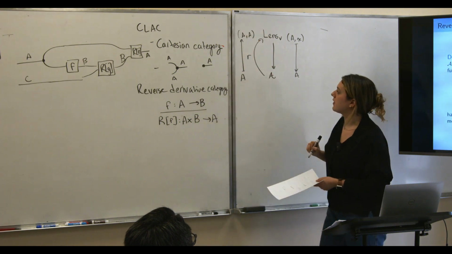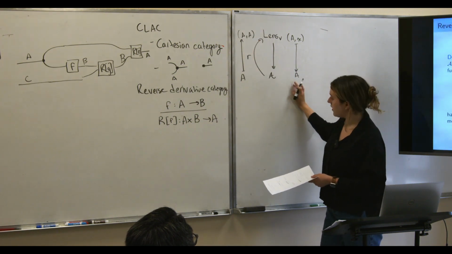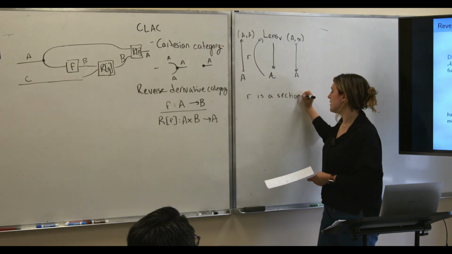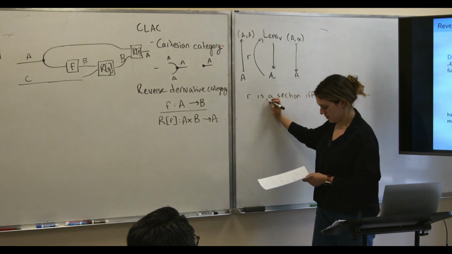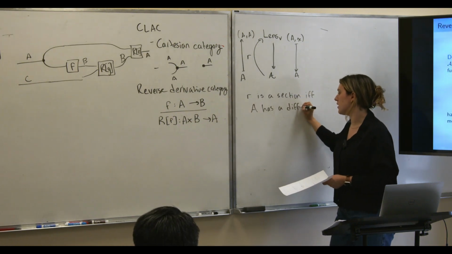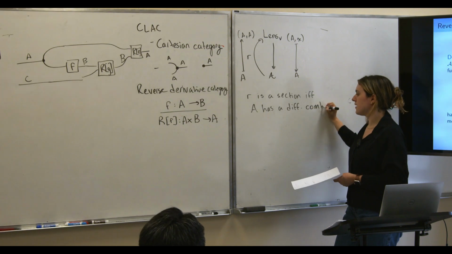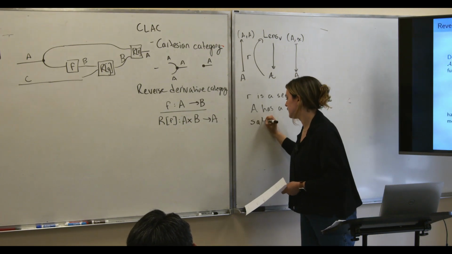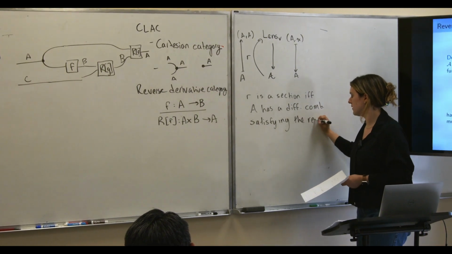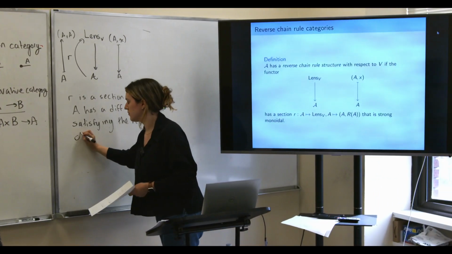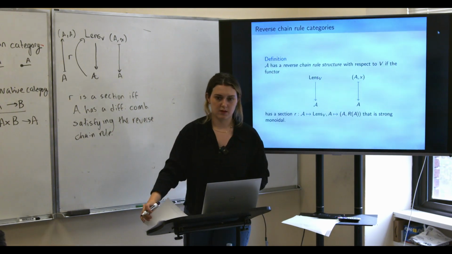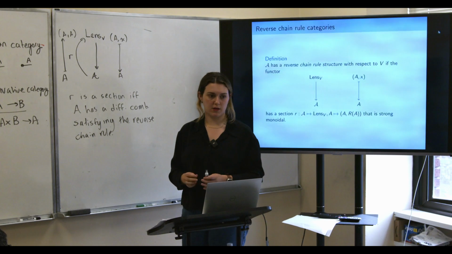So an object A goes to AA. R is a section if and only if A has a differential combinator satisfying the reverse chain rule. Plus one other axiom that we need to make the identities work.